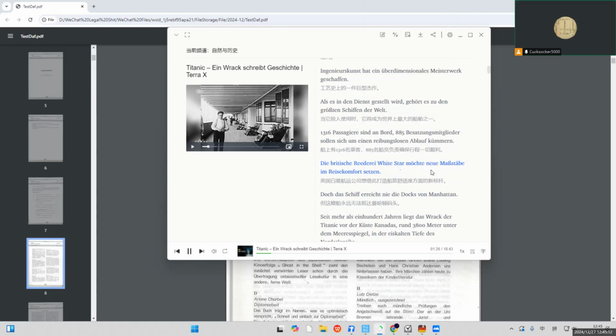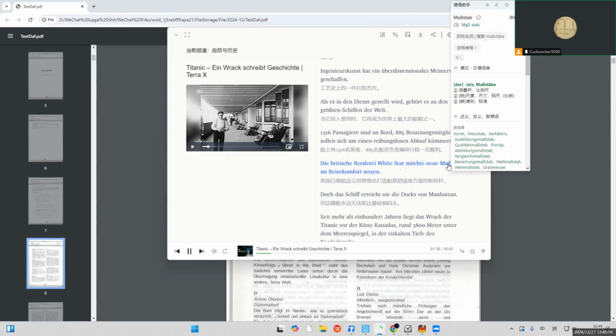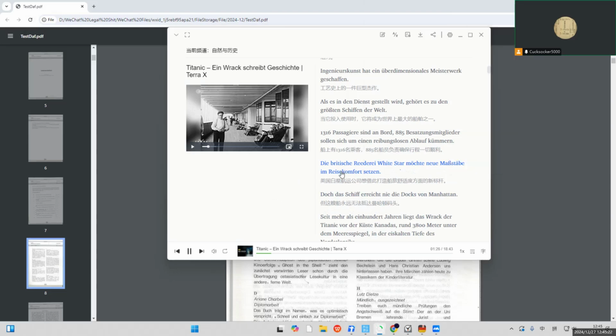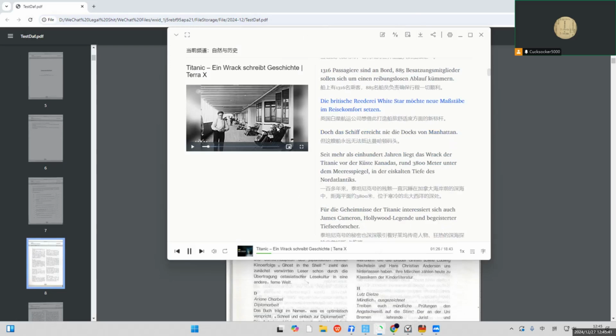Reederei White Star möchte neue Maßstäbe. That's another new word. Maßstäbe. Maßstäbe im Reisekomfort setzen. Okay. Neue Maßstäbe in etwas setzen, dative. Set an example for something. Okay. All right, now another sentence.